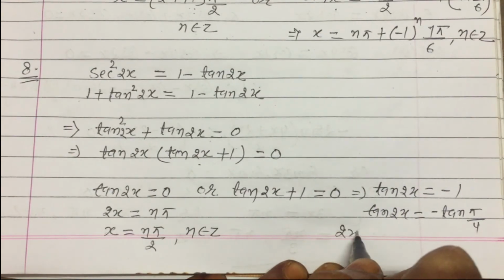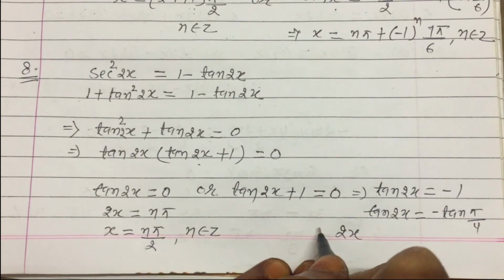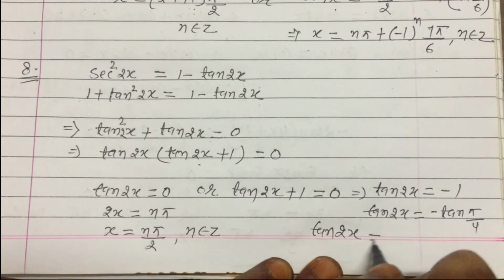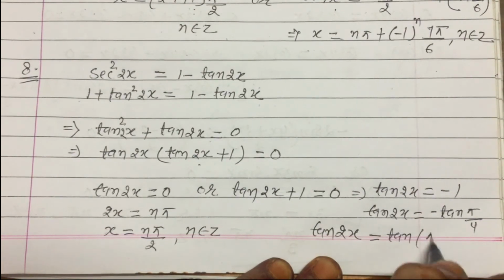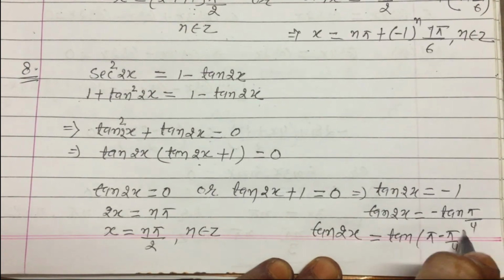From here you will get tan 2x is equal to tan (pi minus pi by 4). It is in the second quadrant.